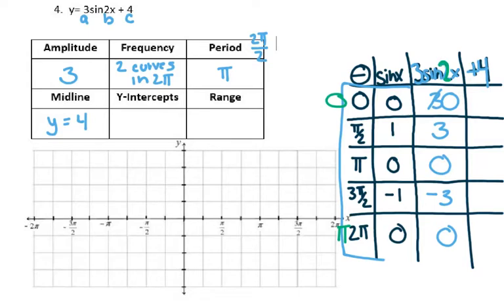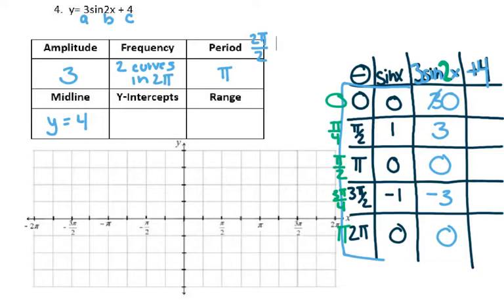So that 2 is going to change our function so that it's going to happen a lot faster, in half the time. So from 0 to pi, my 5 points have to occur. So that means that my old pi point is now going to be pi over 2. And my old pi over 2 input is now going to turn to an input of pi over 4, and 3 pi over 4. So those are going to be each of my new input values.